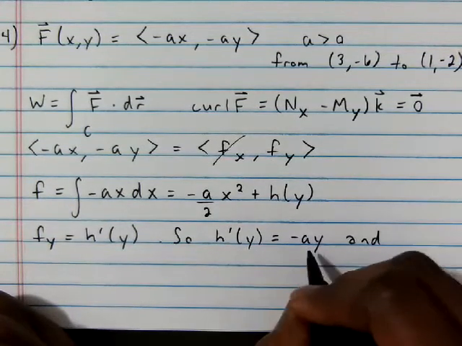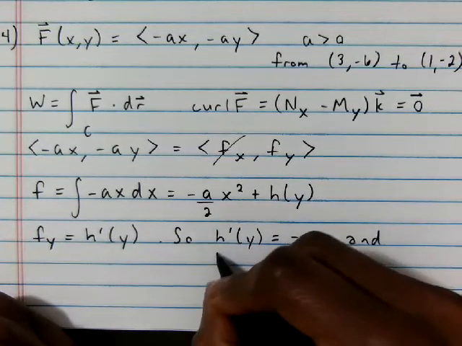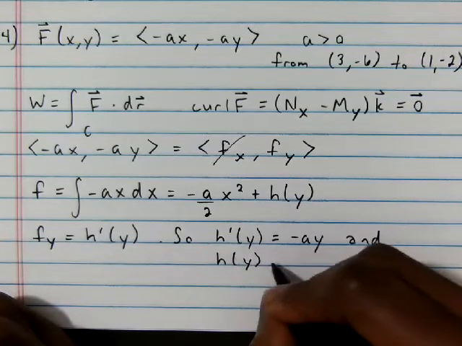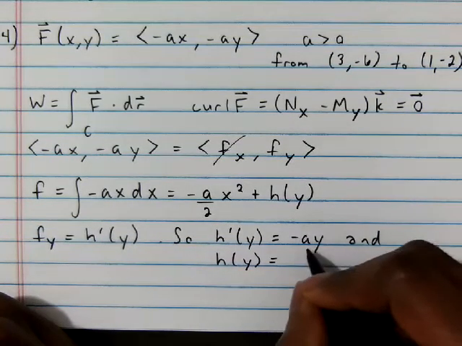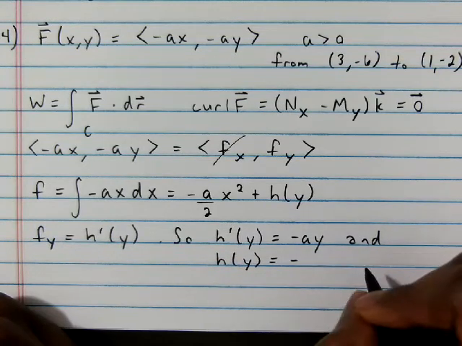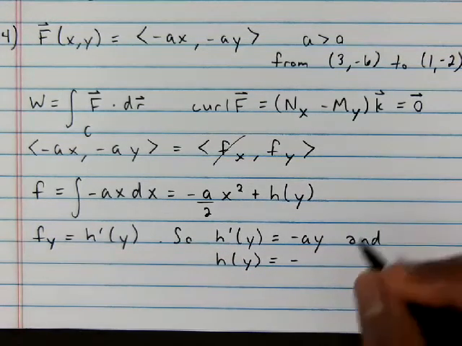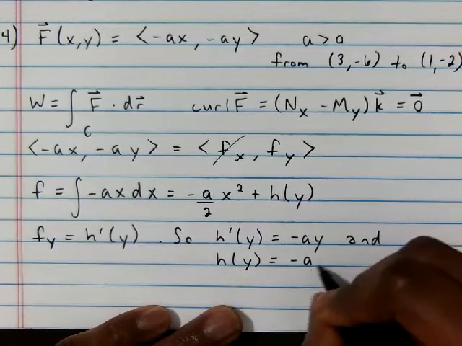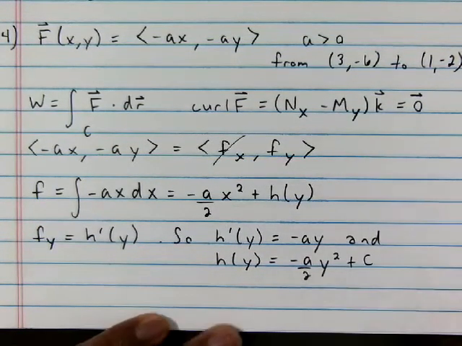And now we integrate both sides of this, and we get h of y has to be equal to negative ay squared over 2 plus, now this is actually going to be a numerical constant c. So let's say negative a over 2 y squared plus c.